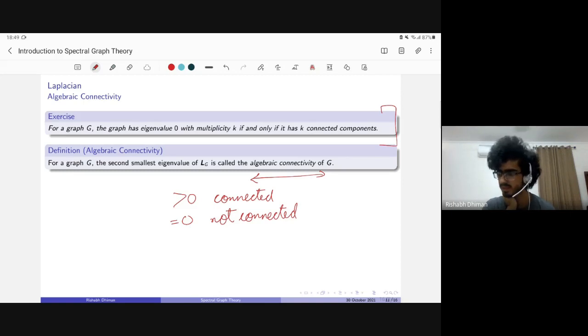But the thing is, if you have some symmetric matrix, there are some really standard algorithms which let you compute the eigenvectors and eigenvalues.